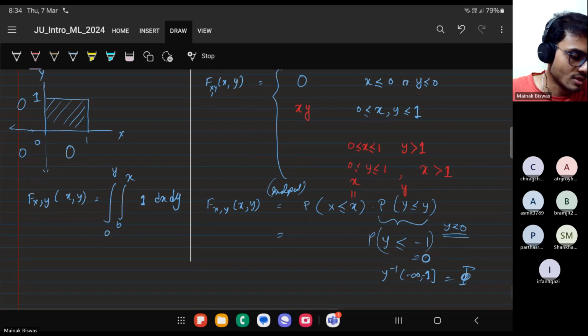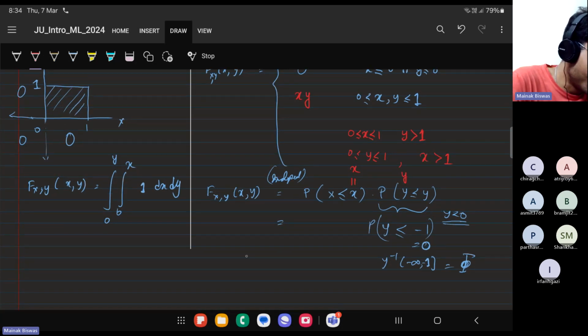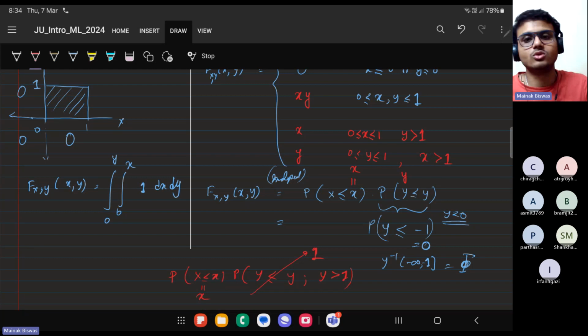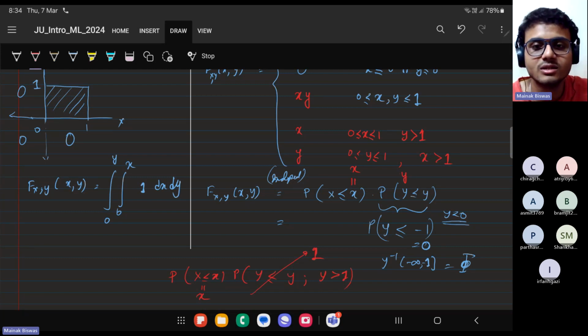Why? Because the probability of X less than x, times the probability of Y less than or equal to y, and given y is greater than 1, this goes to 1. So this only stays as x. Similarly for y. When you solve examples, you automatically understand what things are. I guess you have understood what CDFs are, what expectations are, and all these things.